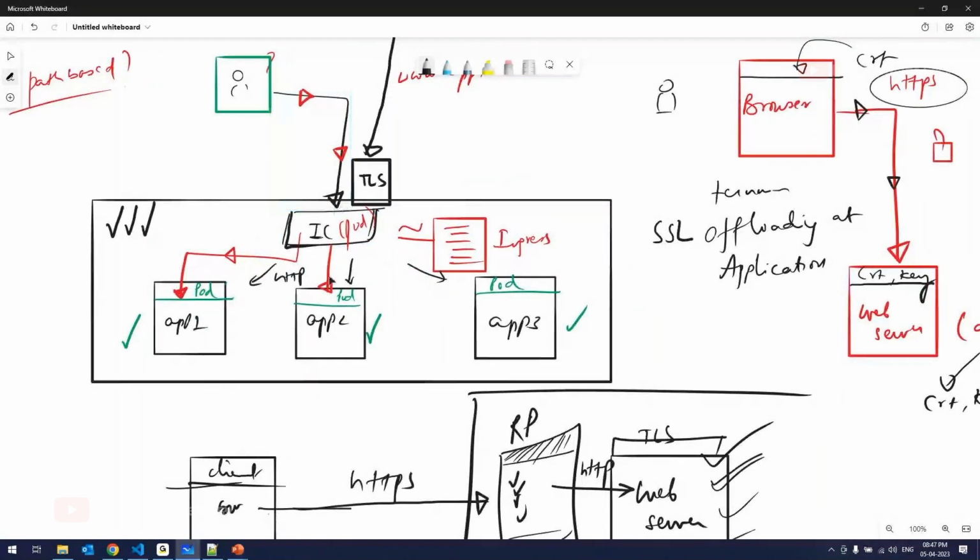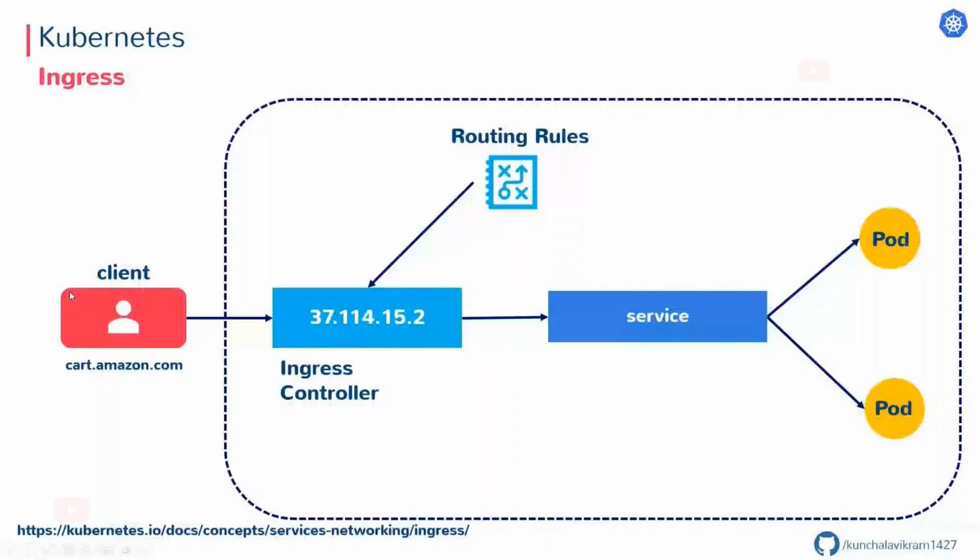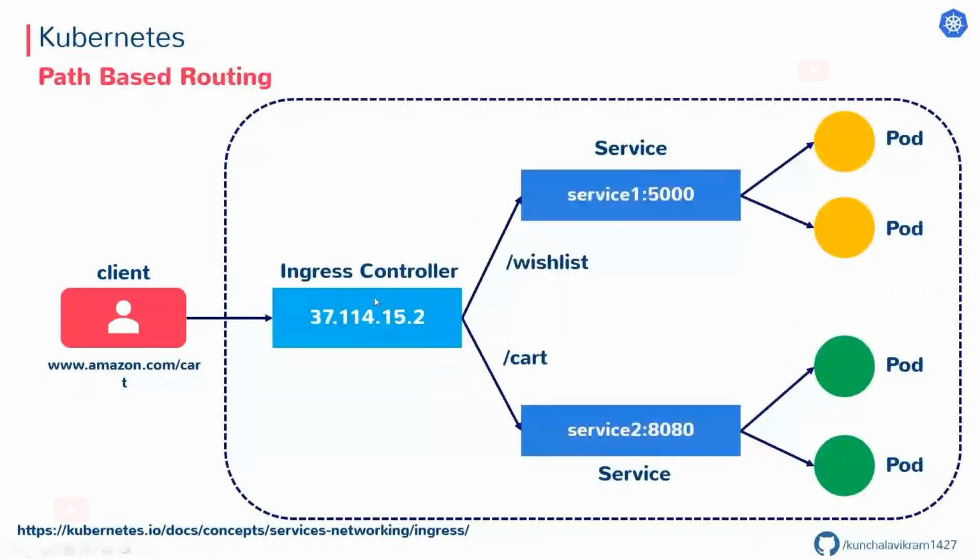For this, we know that there are two types of ingress rules: one is path based, the other one is domain based. I can have a single URL, but according to the slash endpoint, like slash cart or slash wishlist, your ingress controller will read whatever path you have, then automatically forward it to the backend service.